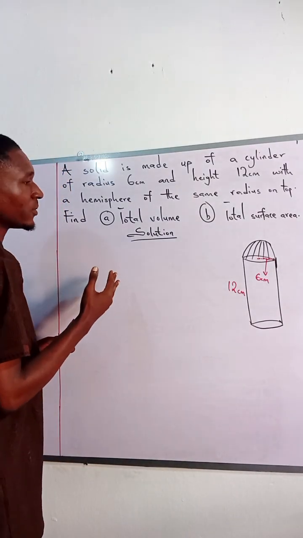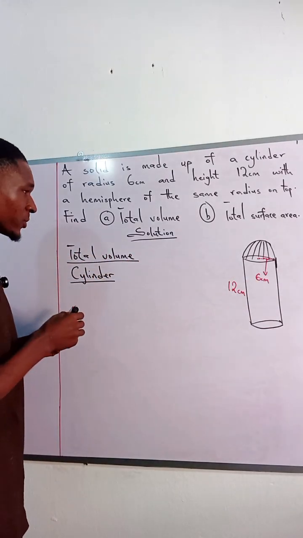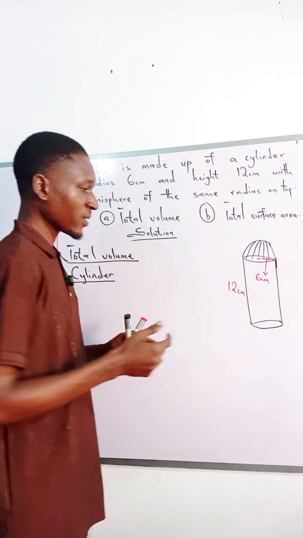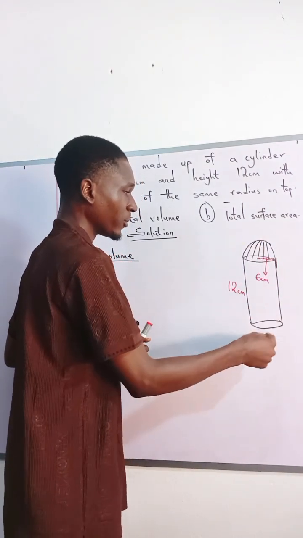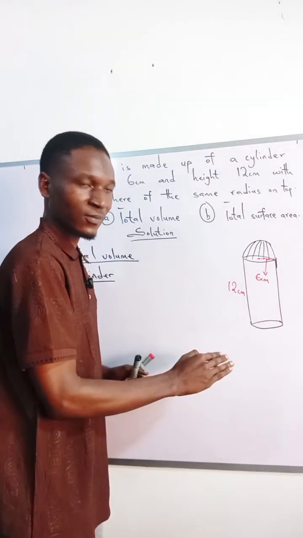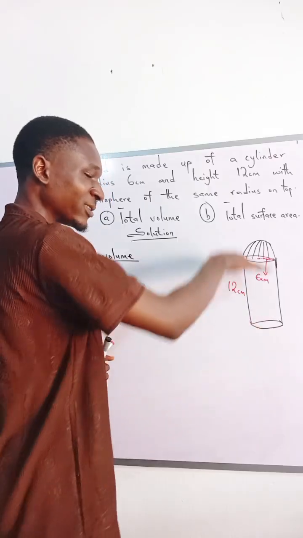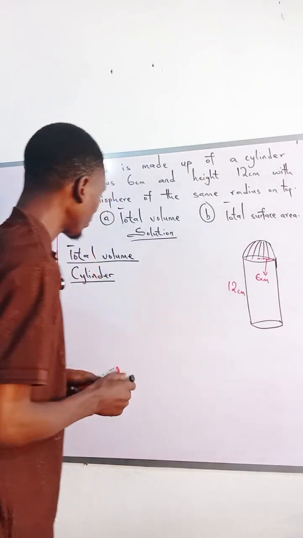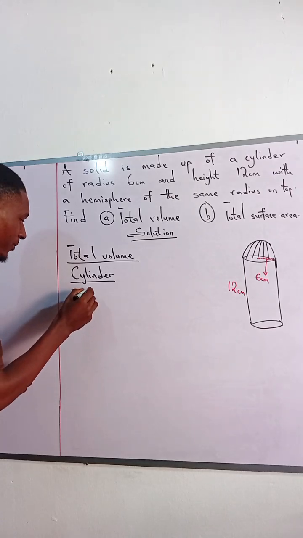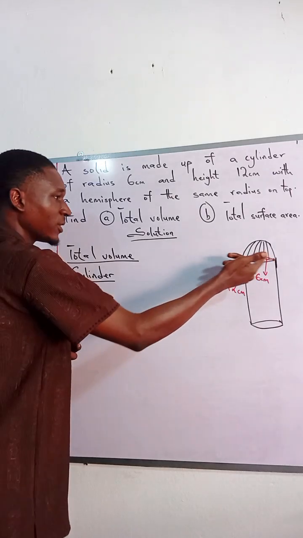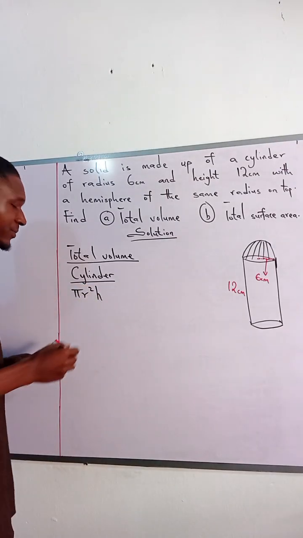The total volume of the cylinder first. What is the volume of a cylinder? It's going to be the area of the circular part at the top multiplied by the height. You know, the area of a circle is pi r squared, multiplied by the height. That is the volume. So it's going to be equal to what? Pi r squared, which is the area of the circular part, multiplied by the height, h.